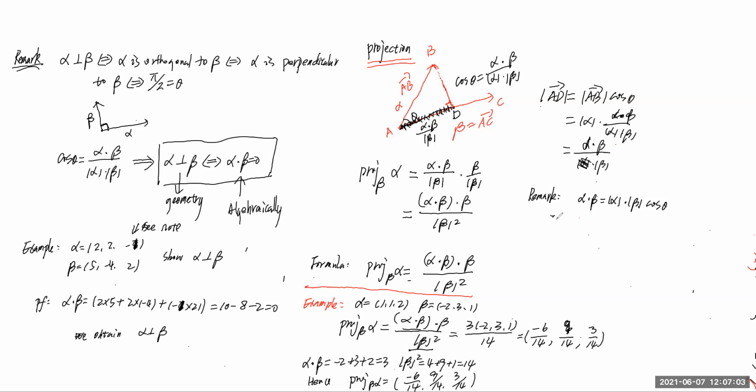If we assume the length of beta is 1, you can say alpha dot beta is just the length of alpha times cosine theta. So if we look at the picture, this is beta, this is alpha, and this is a projection, right? We can say the length of alpha multiplied by cosine theta gives the length of this part.